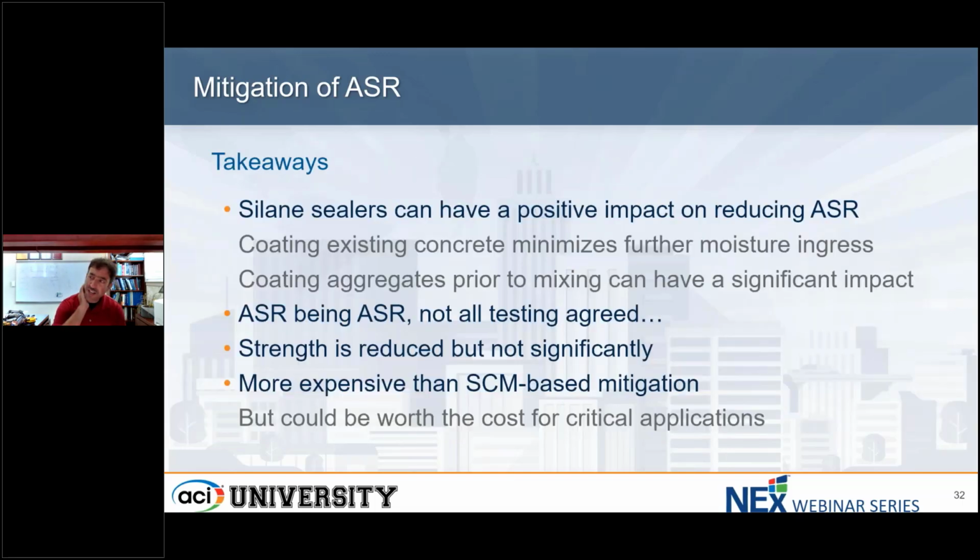And so some takeaways here: we can use silane to have positive impact on reducing that ASR gel formation. We can be as, out of the box, if you want to think about it, as coating the aggregates prior to mixing. The asphalt folks sometimes do this with some of their admixtures, or they do it actually during mixing in the double drum systems that some plants have.